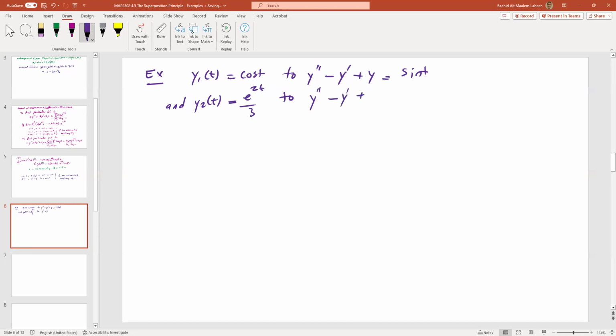Notice the left-hand side is the same. The non-homogeneity is different. To understand just a superposition principle, let's say find the solution.